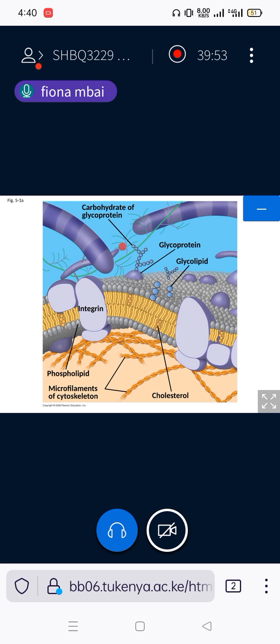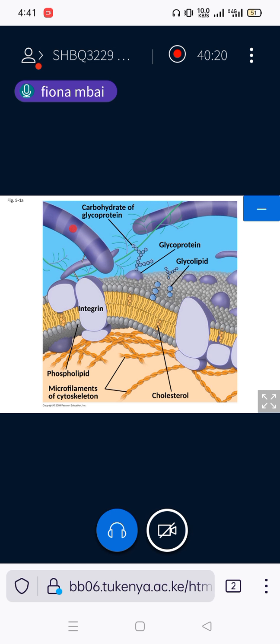All these components on the extracellular domain interact with other extracellular cell components, and then on the intracellular side you find them interacting with the integrin, microtubules or microfilaments, and also the components of the cytoskeleton.